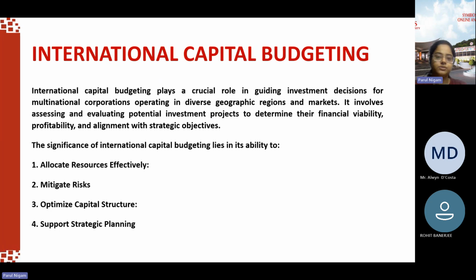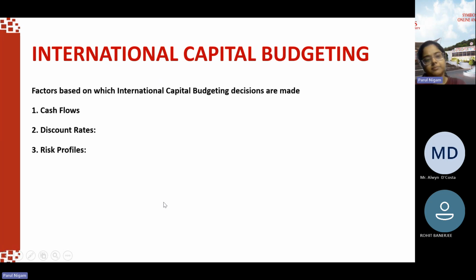Okay, so that is your international capital budgeting. Now, the factors on which this international budgeting is based. First of all, the biggest factor is your cash flow.